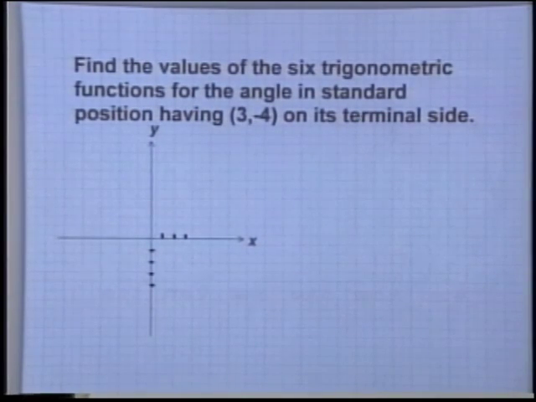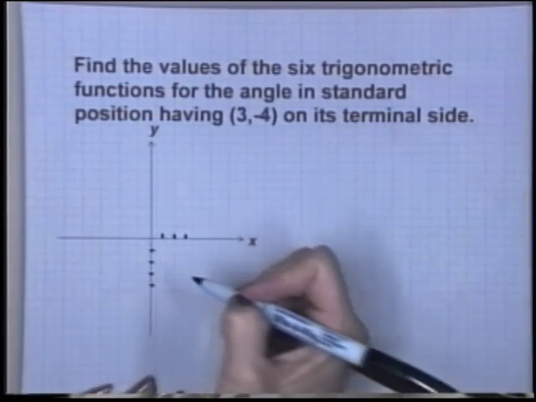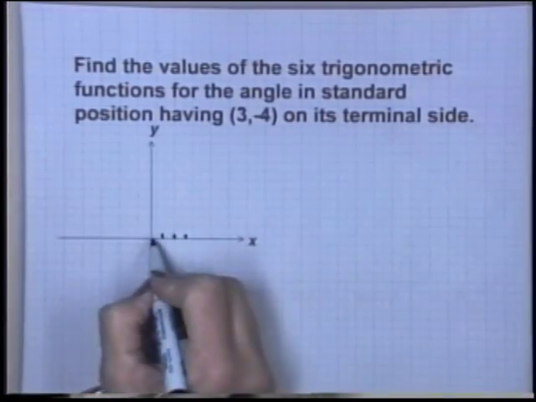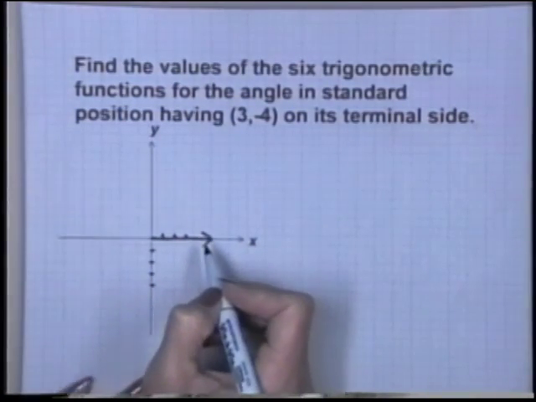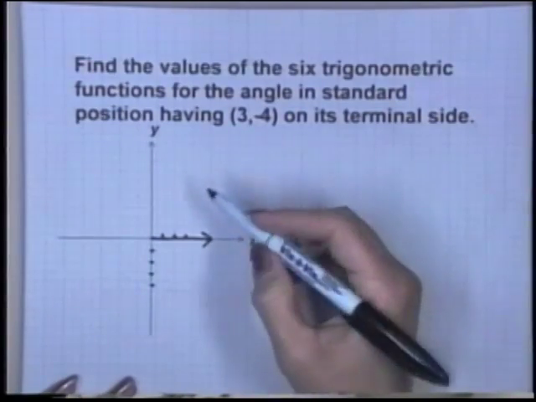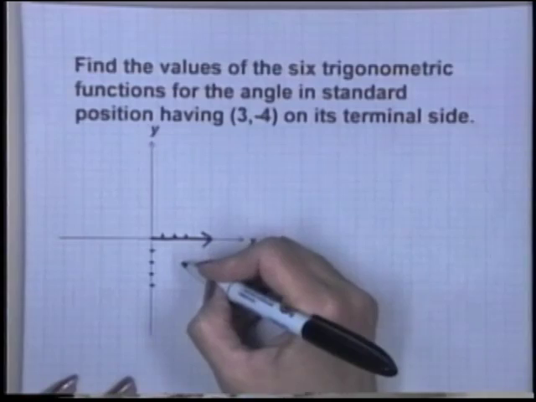All right, let's work this problem. It says find the values of the 6 trig functions for the angle in standard position having (3, -4) on its terminal side. Well, I want to graph this theta. There's my initial side. To get the terminal side, let's graph this point (3, -4).